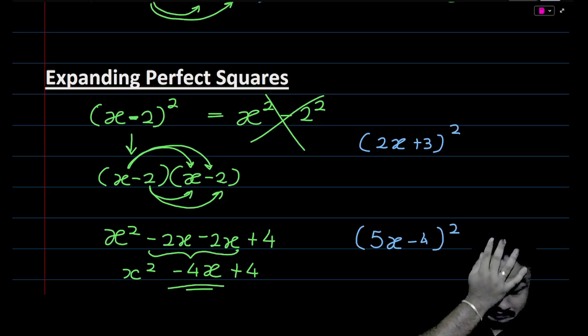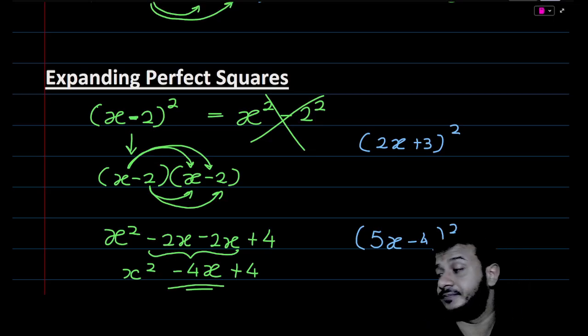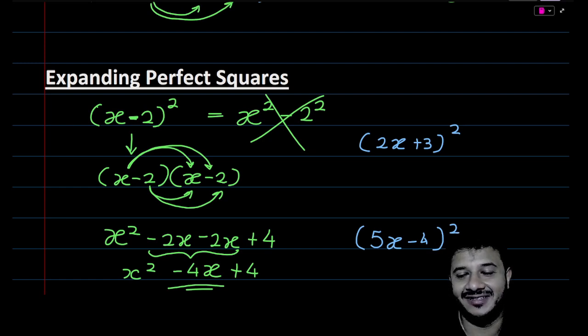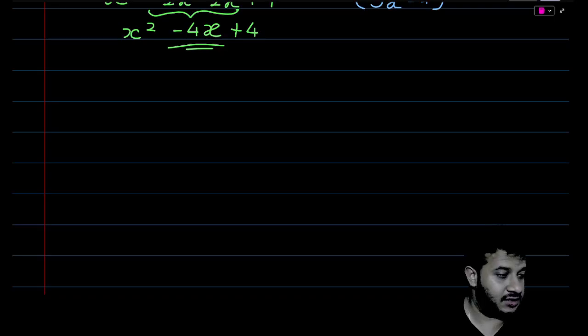It's 25x squared minus 40x plus 16. Plus what there? 16. Ah, no, wait. Plus 16. Yeah, you're right. Okay. Next one.